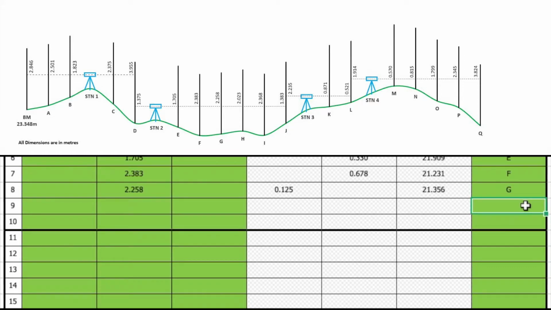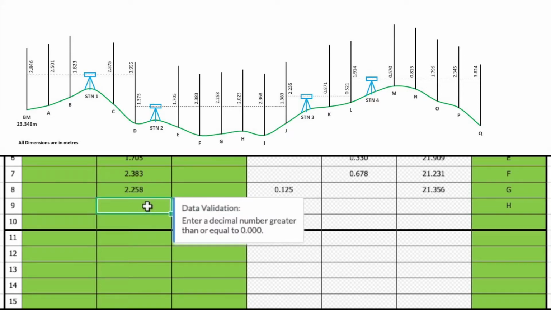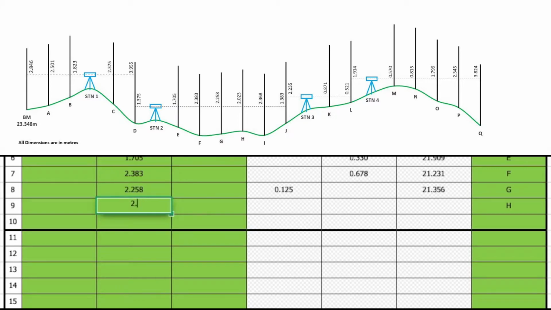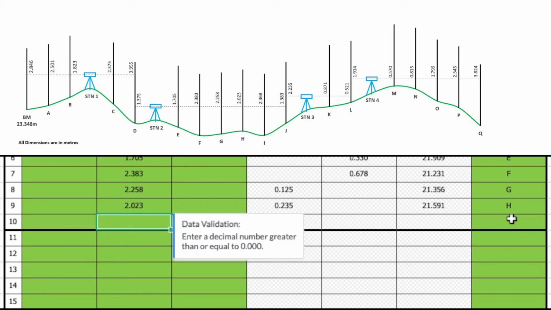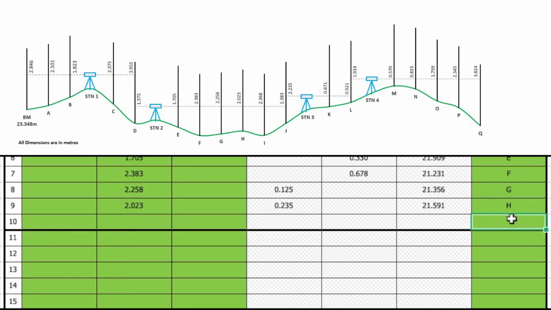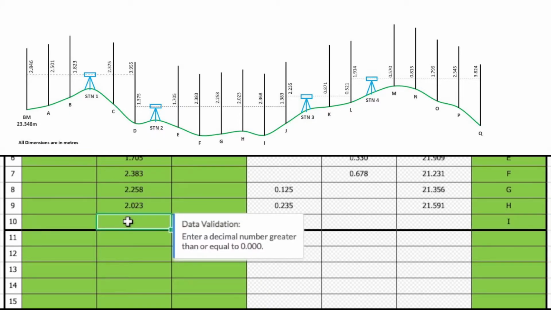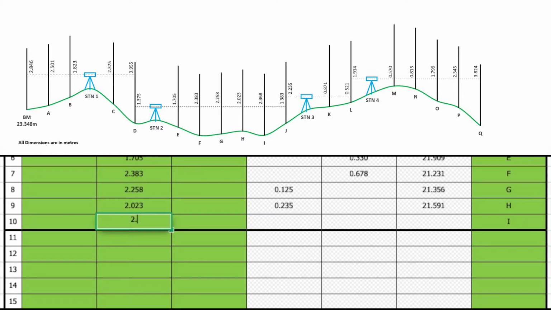Point H, 2.023. Point I, intermediate reading, 2.368.